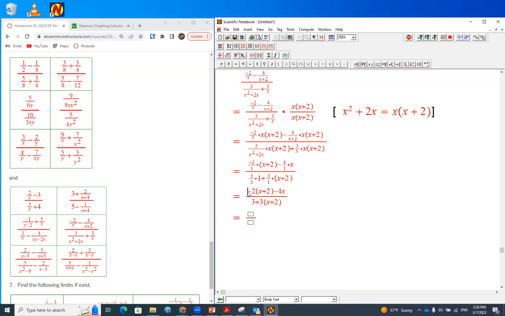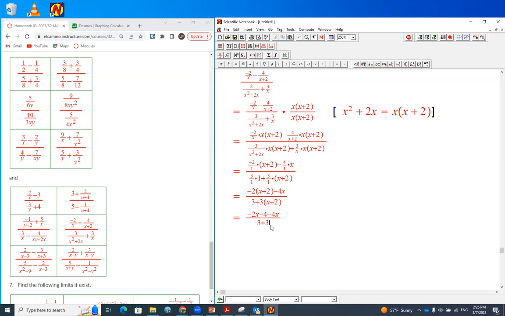We're gonna expand. So this -2 distributed to x, -2 times 2, so we get a -2x, -4, -4x. The denominator, we're going to distribute the 3 to inside the parentheses from here, okay?